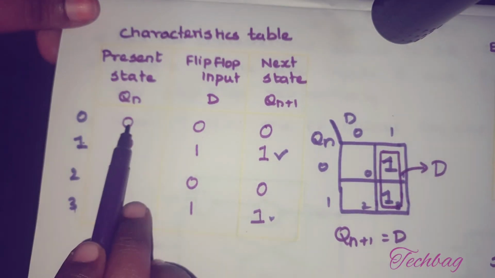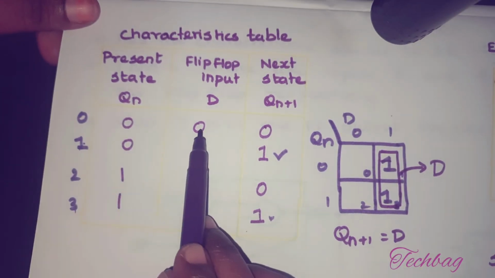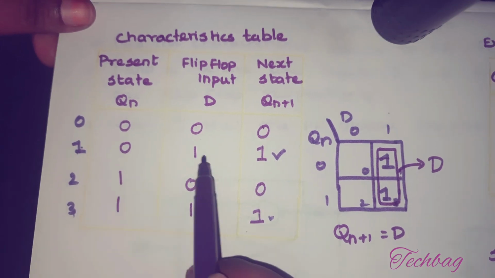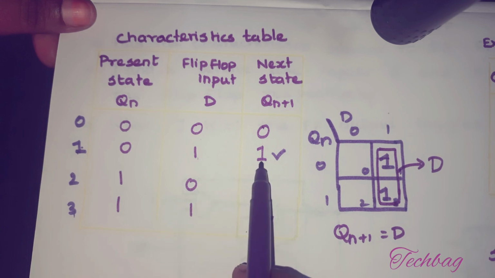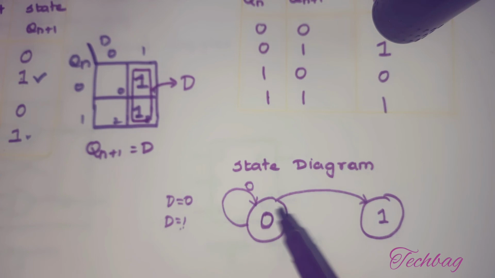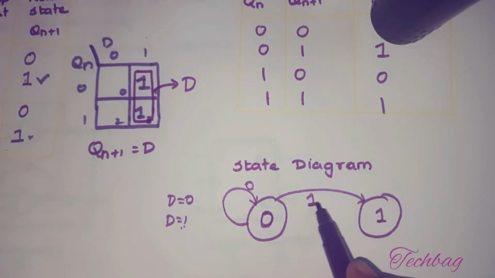Or you can check this table. Present state 0. Your D input is 0. It remains in the same state. Present state 0. If your input is 1, then it moves to 1. 0 to 1 if the input is 1.